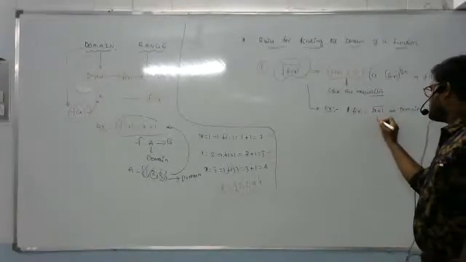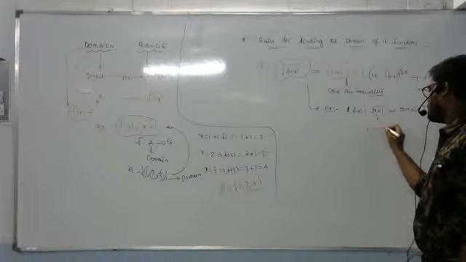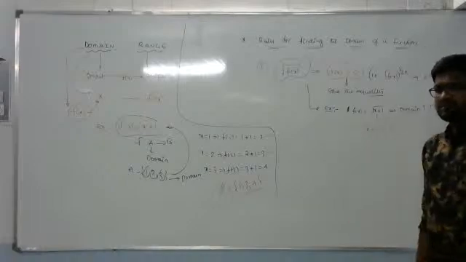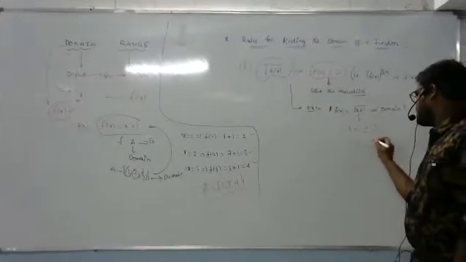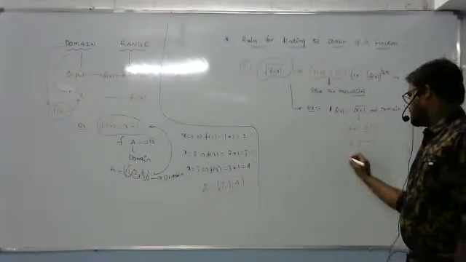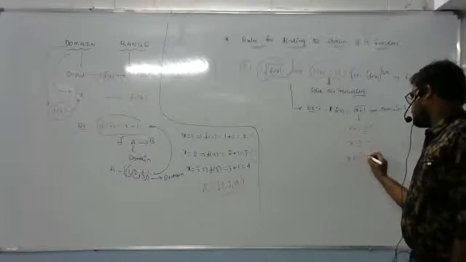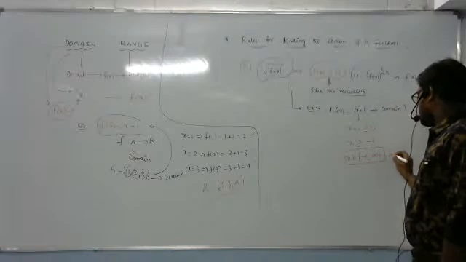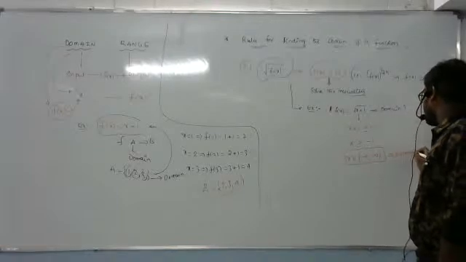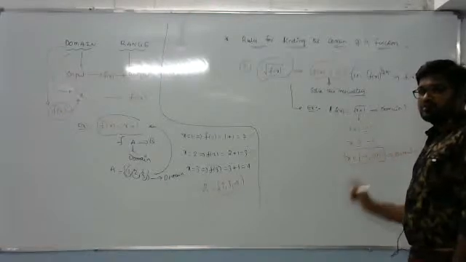Correct? That means here I have x plus 1. So definitely x plus 1 must be greater than or equal to 0. So x is greater than or equal to minus 1. So x belongs to the closed interval minus 1 to infinity. That is, the domain of the function root x plus 1 is minus 1 to infinity.